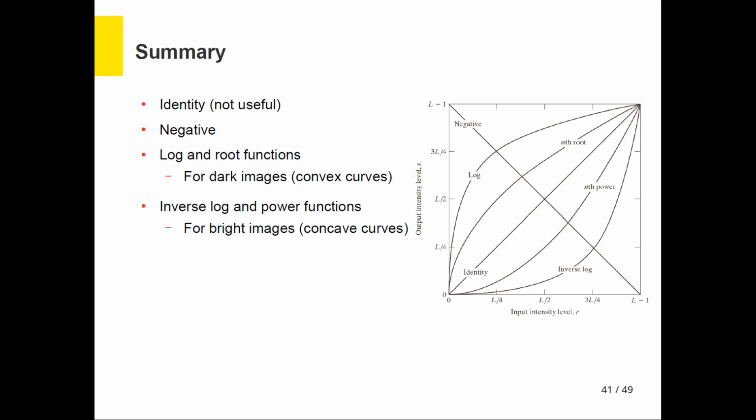We can have log and root functions, these ones, which are used for dark images, and we can have inverse log and power functions, which are used for bright images. So gamma transformations are capable of performing both of these functionalities, because depending on the power or the value of gamma, we can either be under the identity curve or over the identity curve.